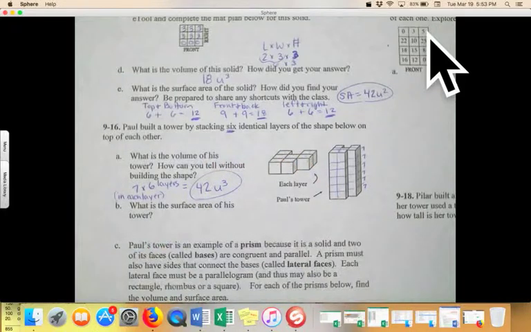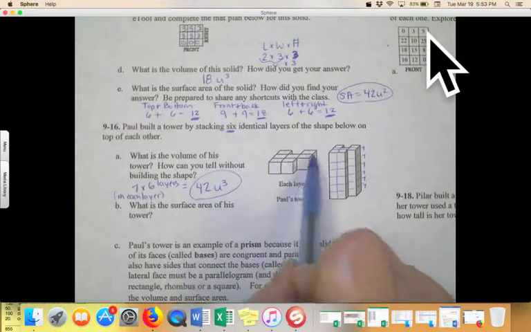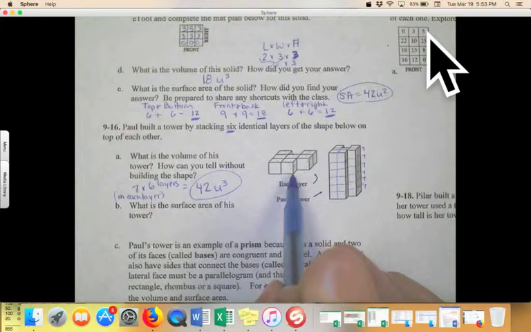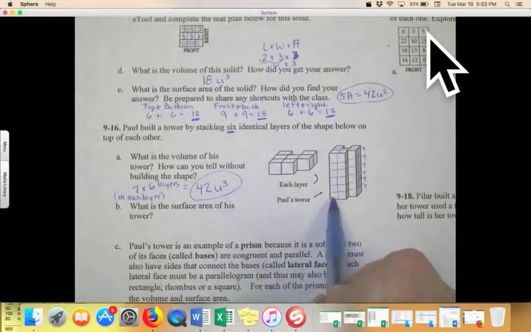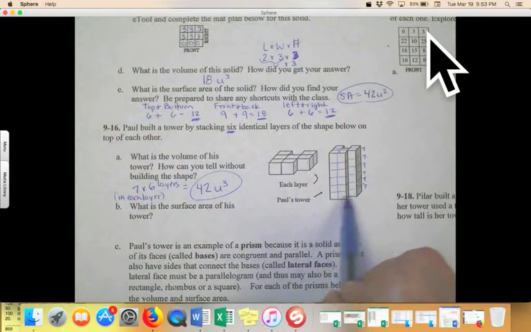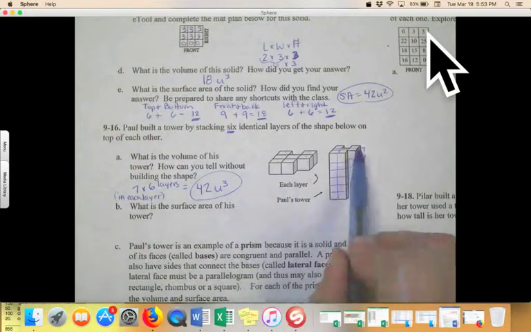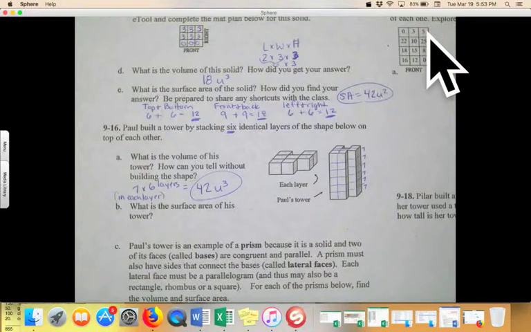Okay? And this is the way volume is going to work for every single structure that we work with. We're going to be finding the area of the base and multiplying that times the height. So the area of the base was 7 units, and we multiplied that times 6 layers, and that gave us our volume. It's going to work on every figure we work with.